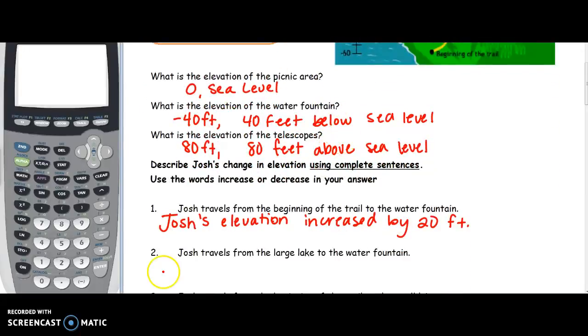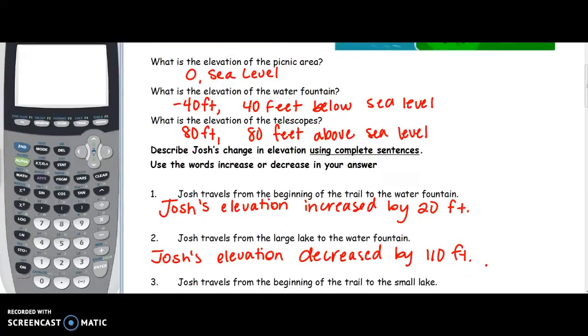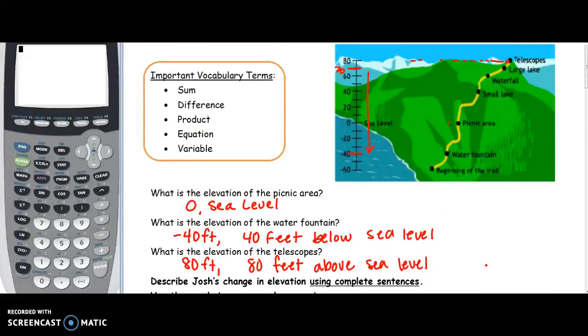So we could say Josh then decreased because he went down by 110 feet.